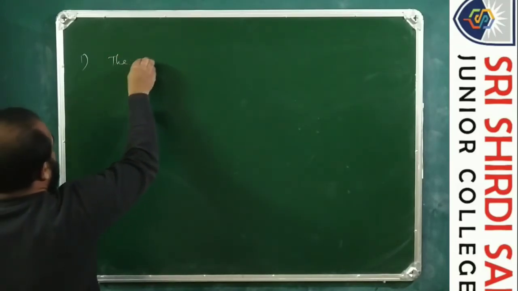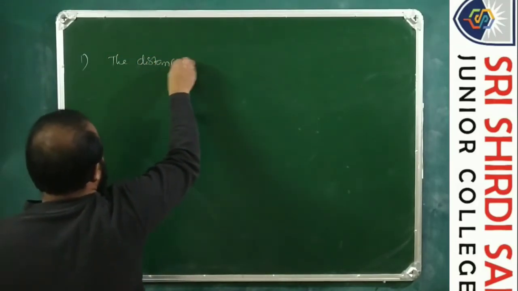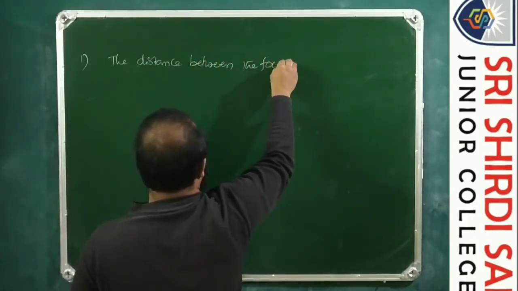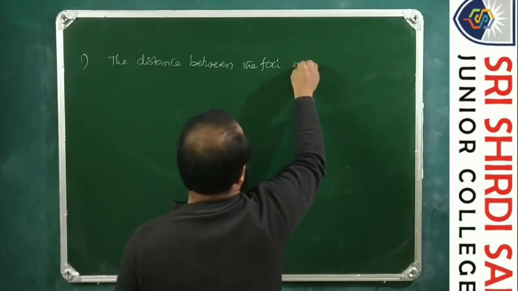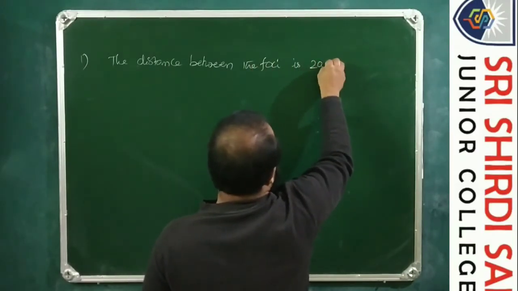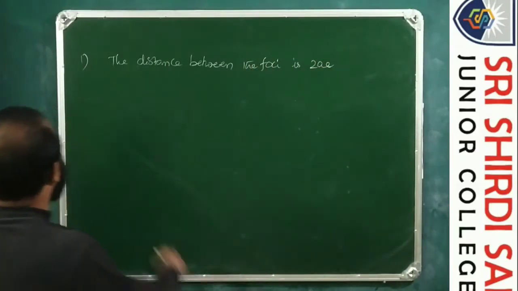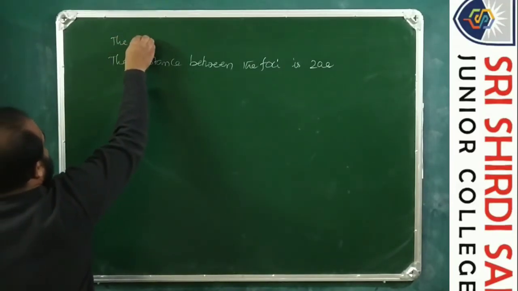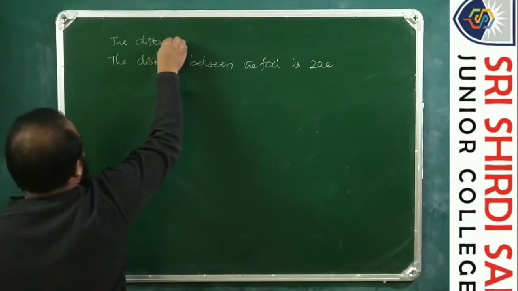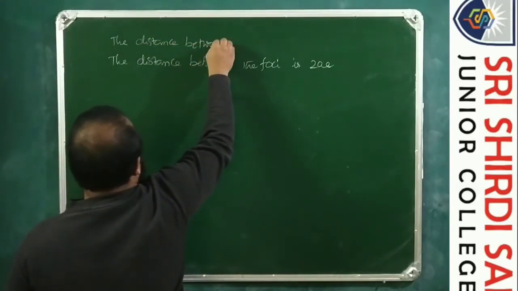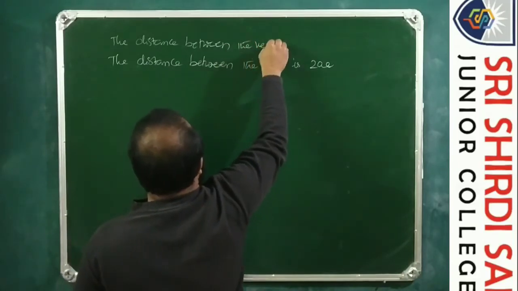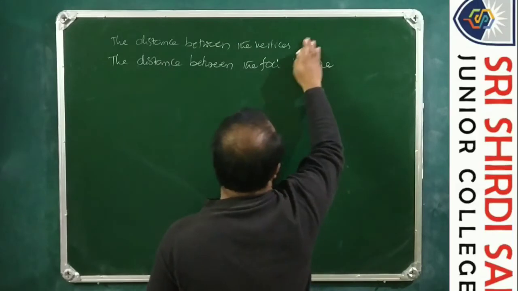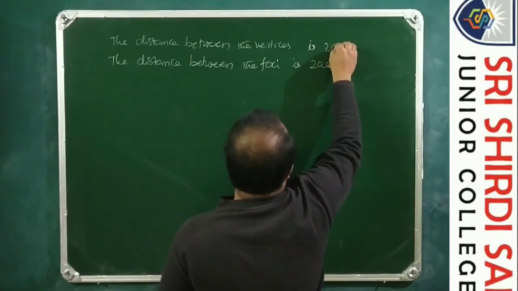And the distance between the foci is 2ae. The distance between the vertices of the hyperbola is 2a.